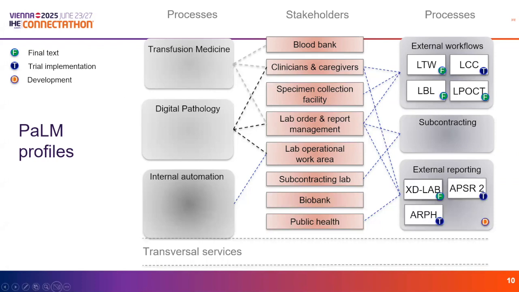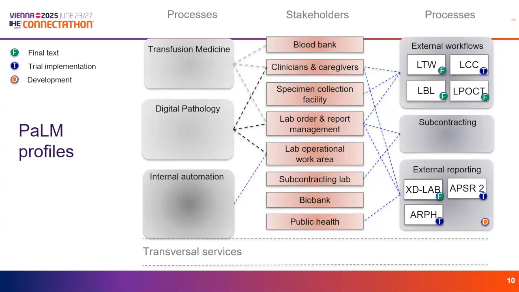We have external reporting profiles, and it looks like my animation didn't quite work. So we have XD-Lab, which is reporting of lab results to public health. We have AHRP, which is also reporting to public health. And then the APSR, which is anatomic pathology structured reporting.